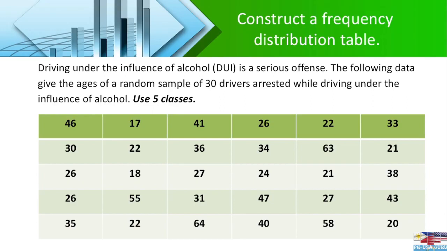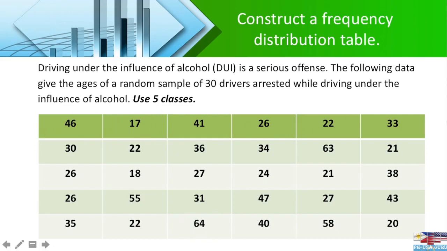So, to construct a frequency distribution table, let us find the highest age and the lowest age in the given data. As you can see, we have 46, 30, and so on. If you check the ages, the highest age is 64 and the lowest age is 17.